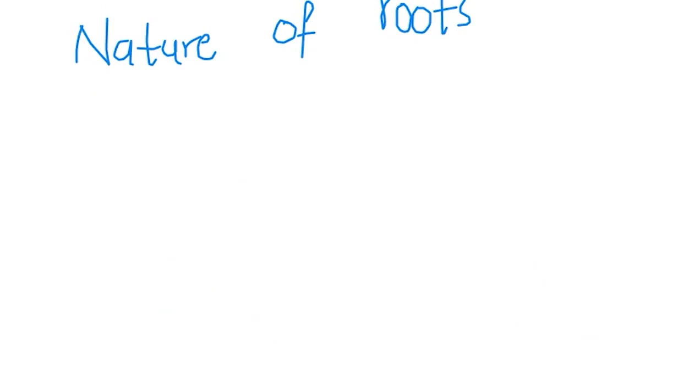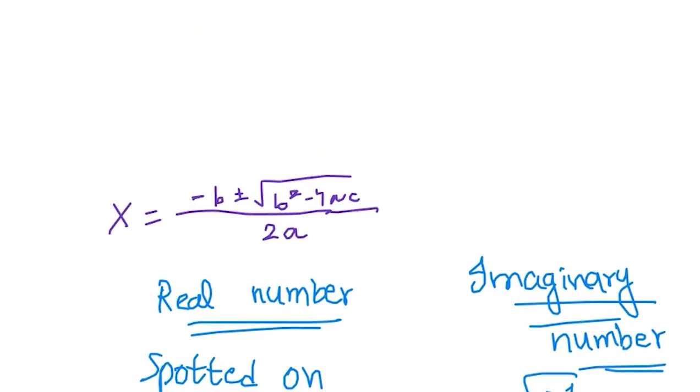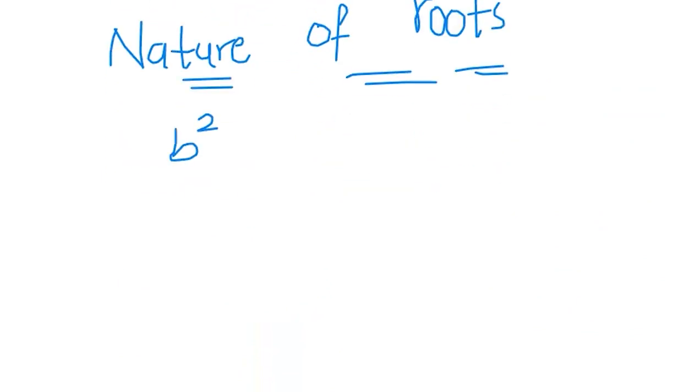The nature of roots is determined by the quantity which is inside the square root, which is b squared minus 4ac.